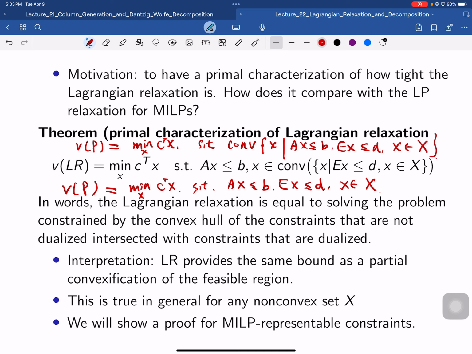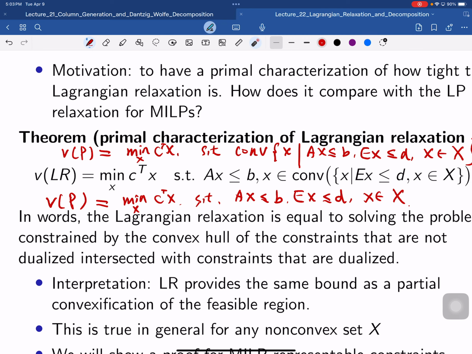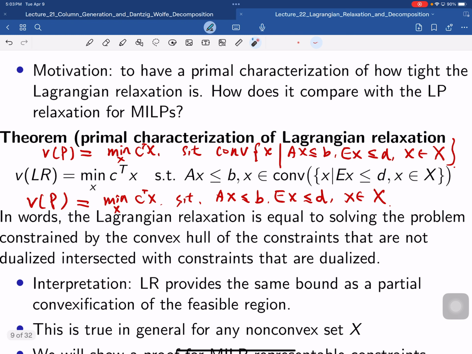Okay. So this is essentially saying that the original problem has these three sets of constraints, right? And if the function is linear, we talked about this before in the integer programming lecture. If you forgot about that, you can go back to the integer programming lecture and revisit that theorem. We did not talk about how to prove that.